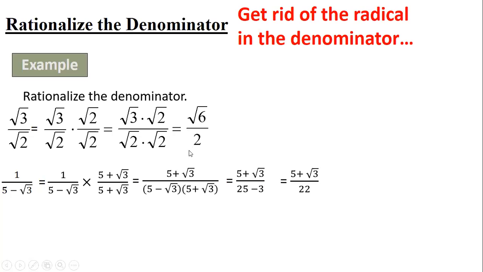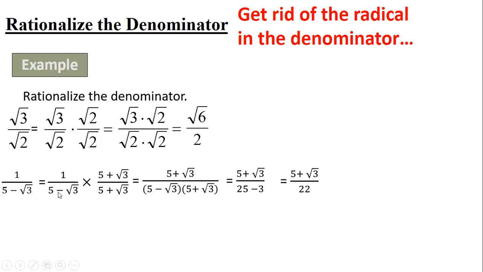In the second form of rationalization, we can see that in the denominator we have a radical, but we also have an operation. Here I have subtraction, so 5 minus radical 3. To get rid of this radical, I multiply by the conjugate fraction. What do we mean by a conjugate fraction?